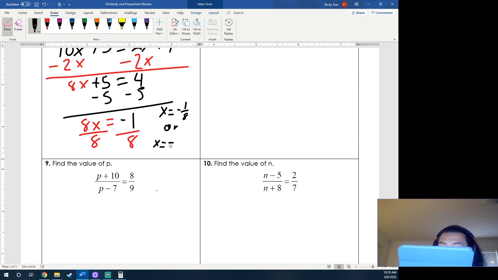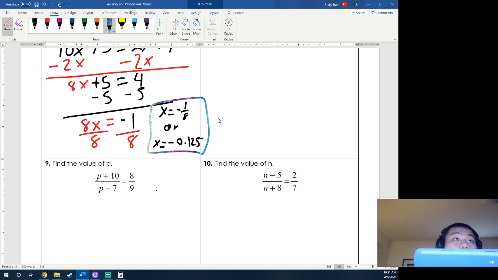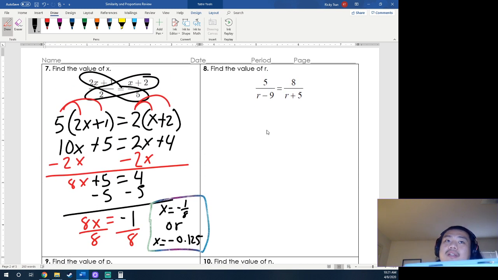Negative 0.125. There we go. Let me fix this to make it neater. All right, let's do number 8.